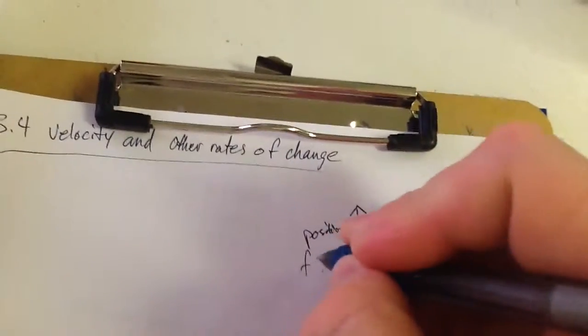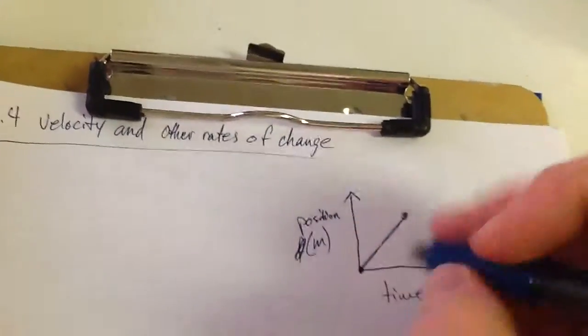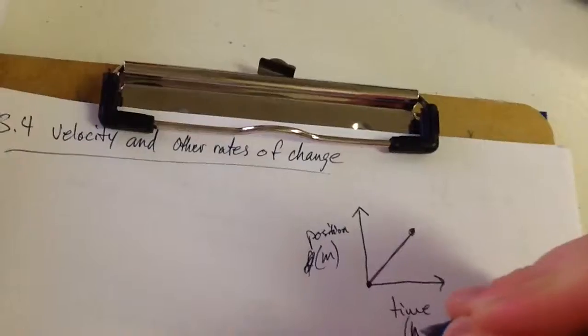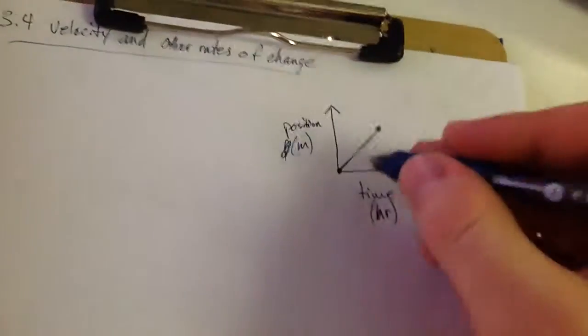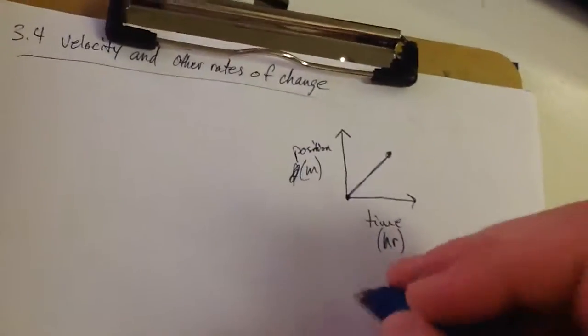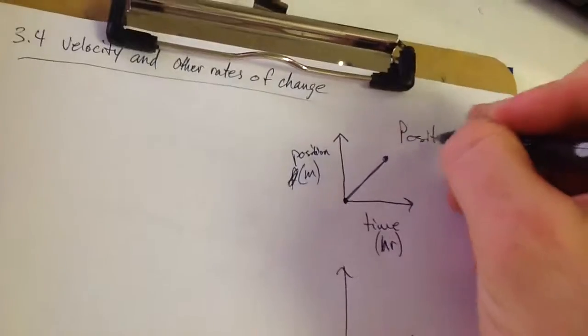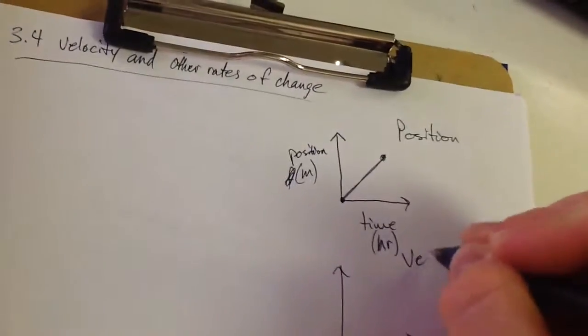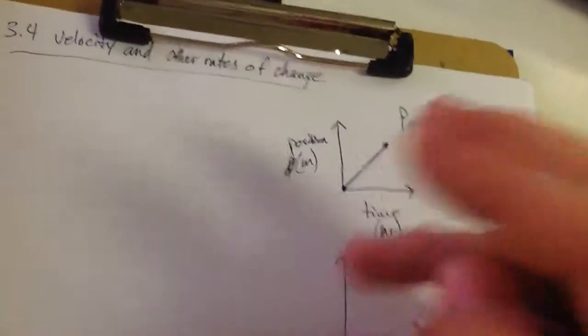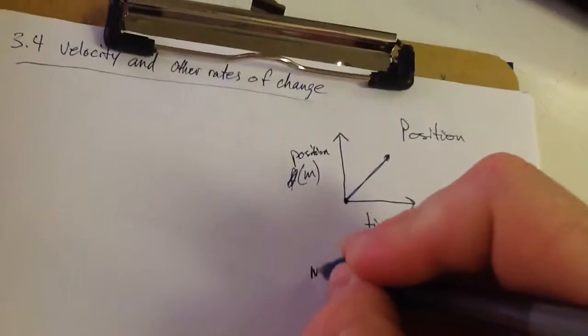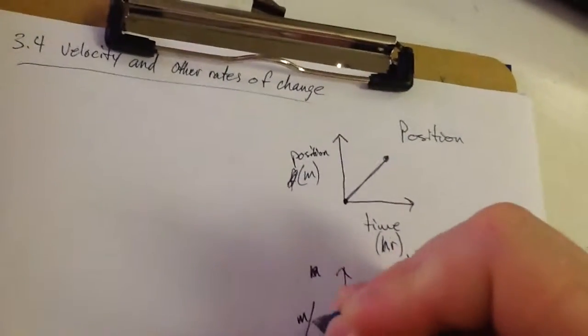So if this is miles and this is hours, the derivative of that would be miles per hour, right? Slope, rise over run, miles per hour. So if this is position, your derivative of that would be velocity. So that's this, because this would be miles per hour now.